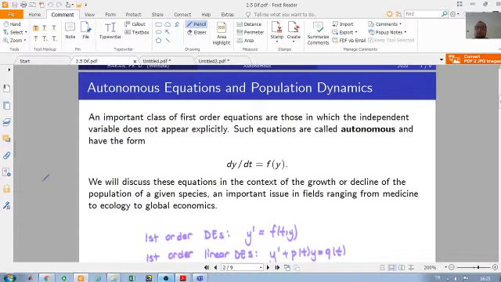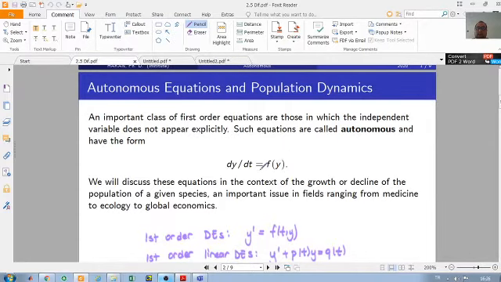Such equations are called autonomous differential equations, and they are a subclass of first order differential equations. They have the form dy over dt is equal to f of y. Namely, the right side of the differential equation is just a function of the variable y.